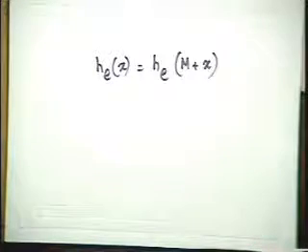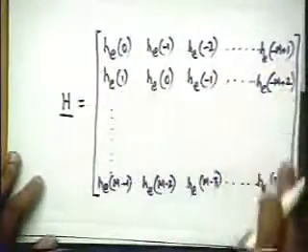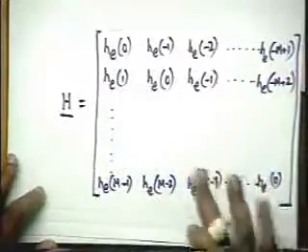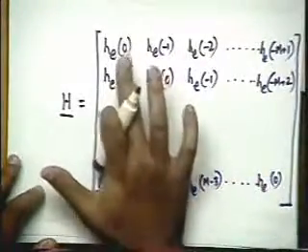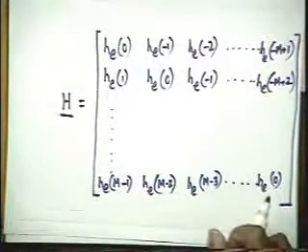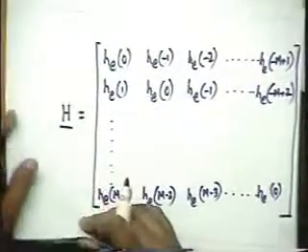If we make use of that property, then it is possible for me to represent all the elements of this capital H matrix, with the arguments always within the limit 0 to M minus 1. Let us keep this for reference and reconstitute the elements of this matrix H.